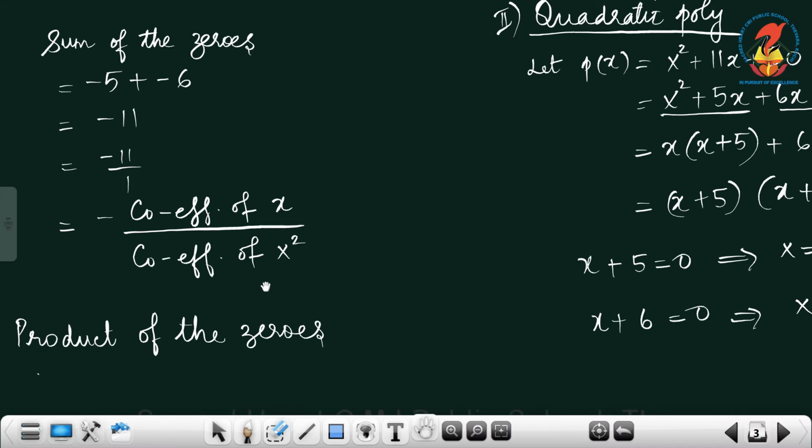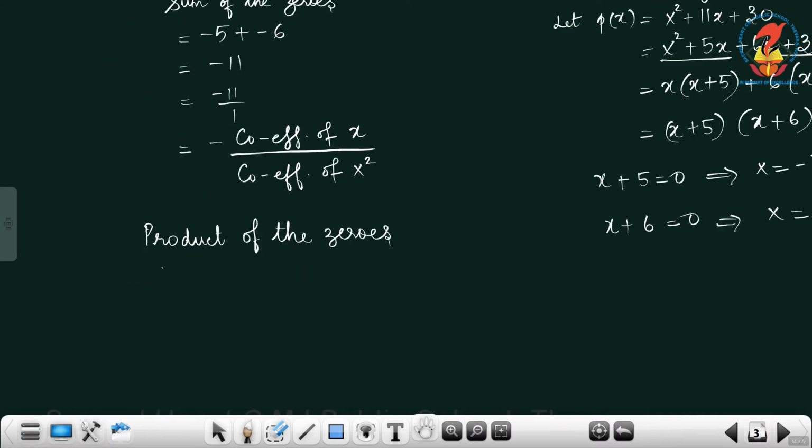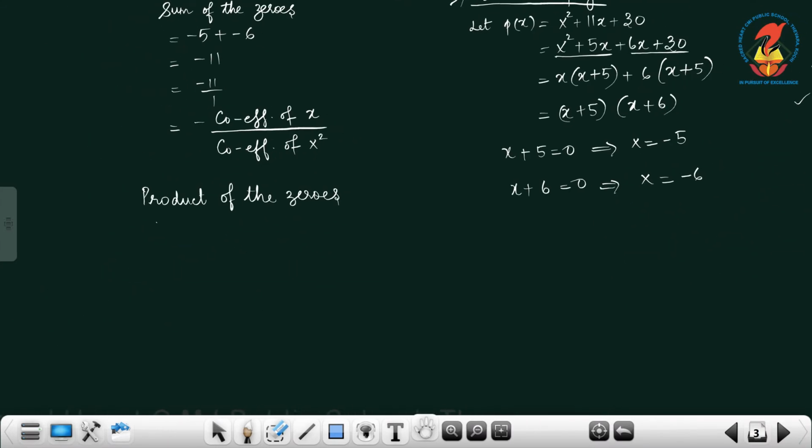Similarly, product of the zeros. Product of the zeros means I should multiply the two zeros. Negative 5 into negative 6. What will I get? Positive 30. From the polynomial, positive 30 I can write as 30 by 1.